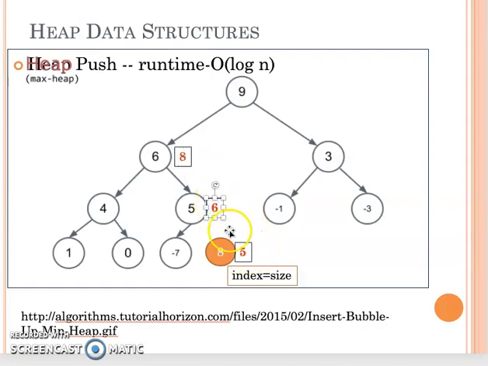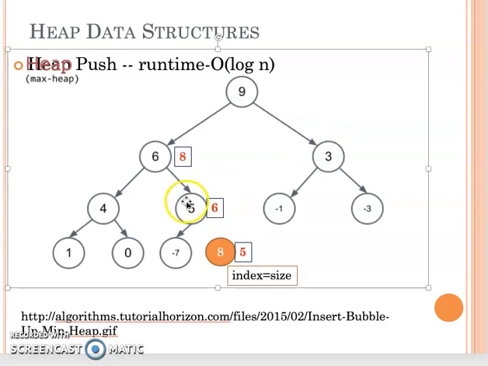After we add in the new value, it tries to go up to see if it is greater than its parents. If it is greater than its parent, they swap, or when it reaches the top, it finishes. So when 8 reaches here and is compared to its parent, it is less than my parent, so I finish.